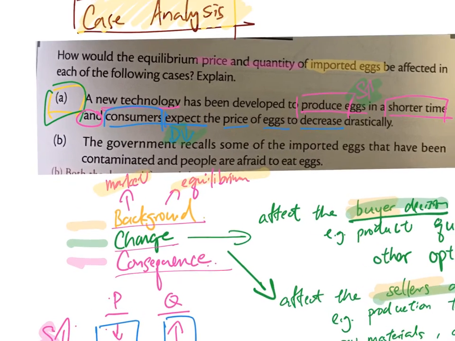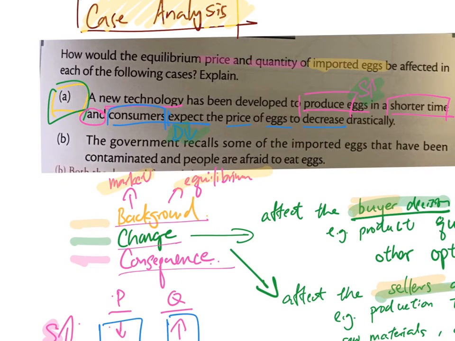Okay, let's apply the skill to the next case. Let's think about the change. The government recalls some imported eggs that have been contaminated, and people are afraid to eat eggs. That's just an "and".